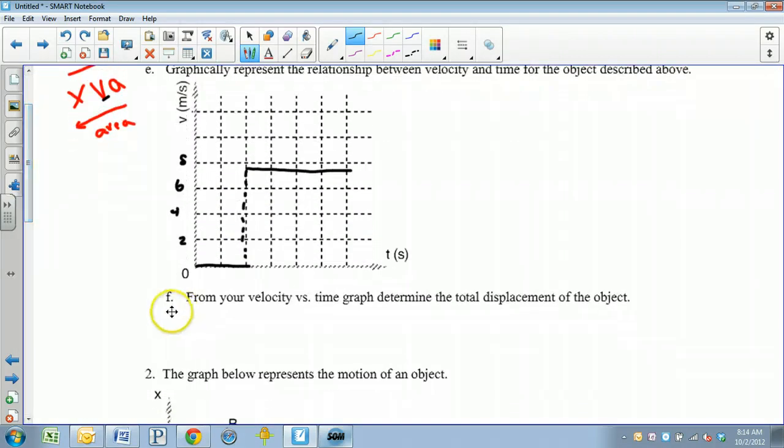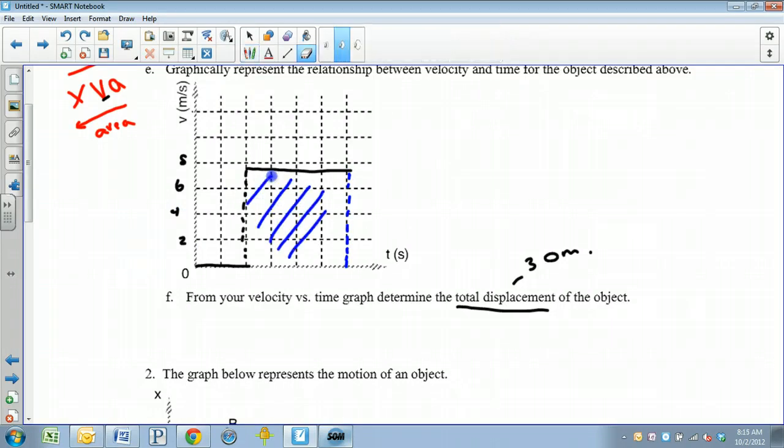Then we're asked to determine the total displacement of the object. We know from the other graph what this should be. It should be 30 meters. But let's show that we can get that from this graph. To go from velocity to position, we're taking the area. So what area would that be? It's the area underneath the velocity graph, between the velocity graph and the x-axis.